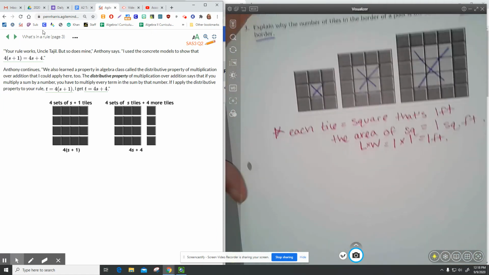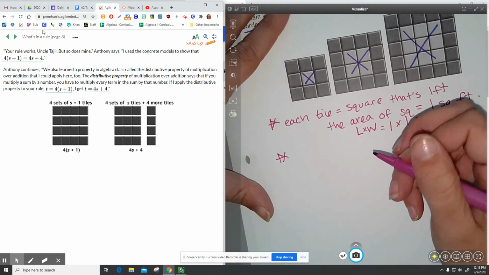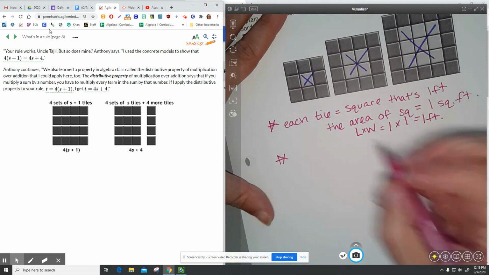Okay, another reason, or to kind of expand on this, is that the first pool has 8 tiles.